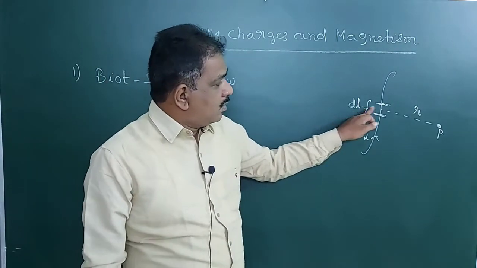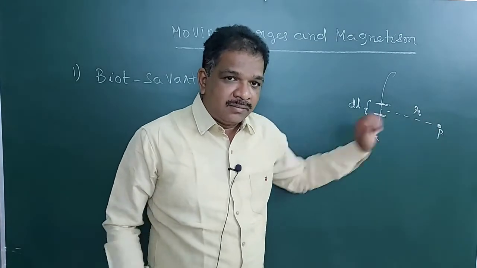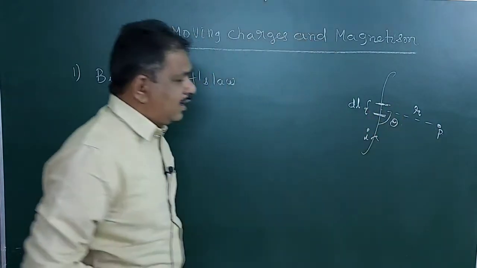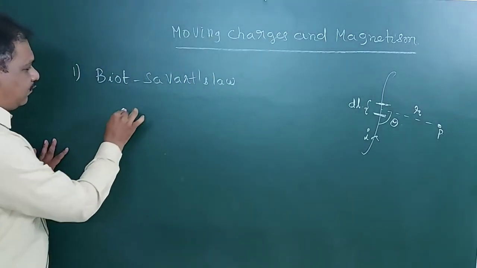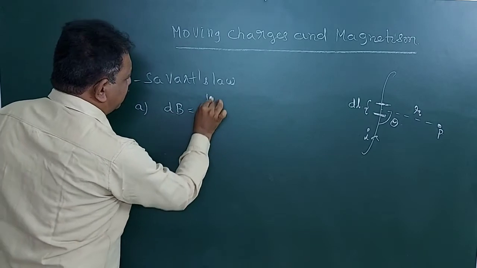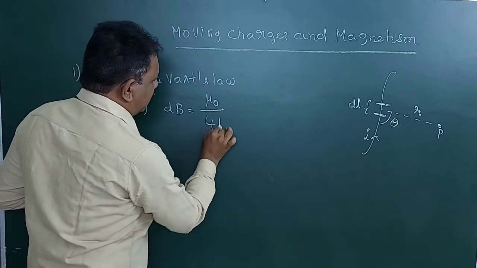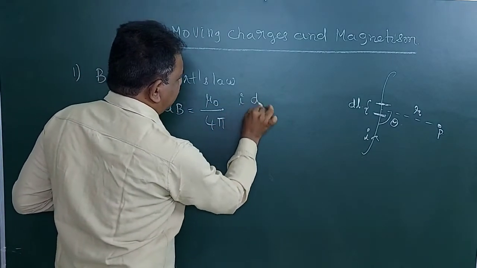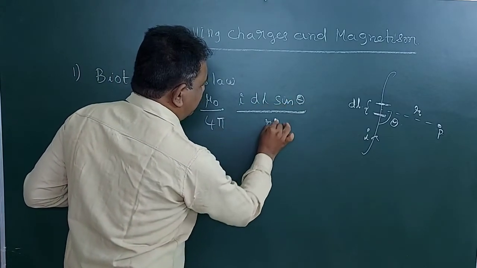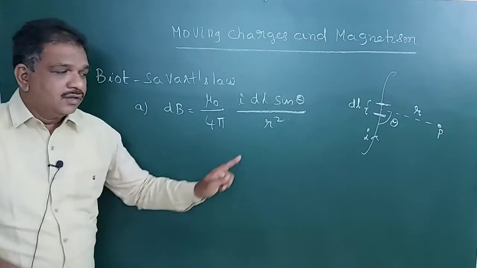Because of this small portion, the magnetic induction, assuming this angle is theta, the formula will be dB is equal to mu naught by 4 pi I dl sin theta by r square.